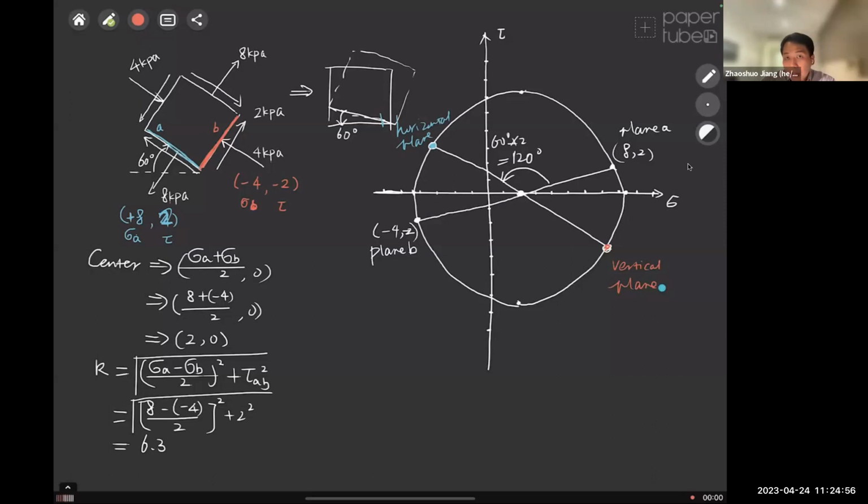Okay, so in order to find that, if you look at this triangle here, we know this is our R. If we know this angle here, then we'll be able to find out what is the Y, what is the X, and then we can find out the coordinates, right?